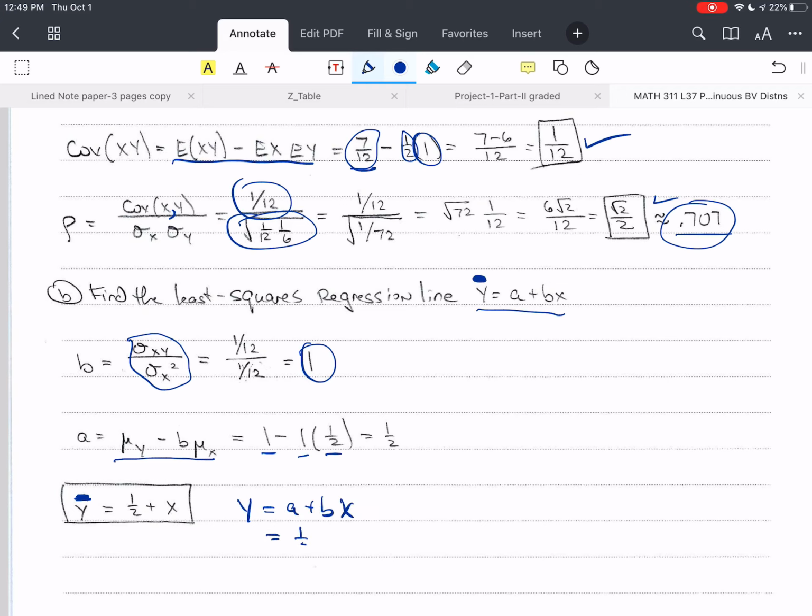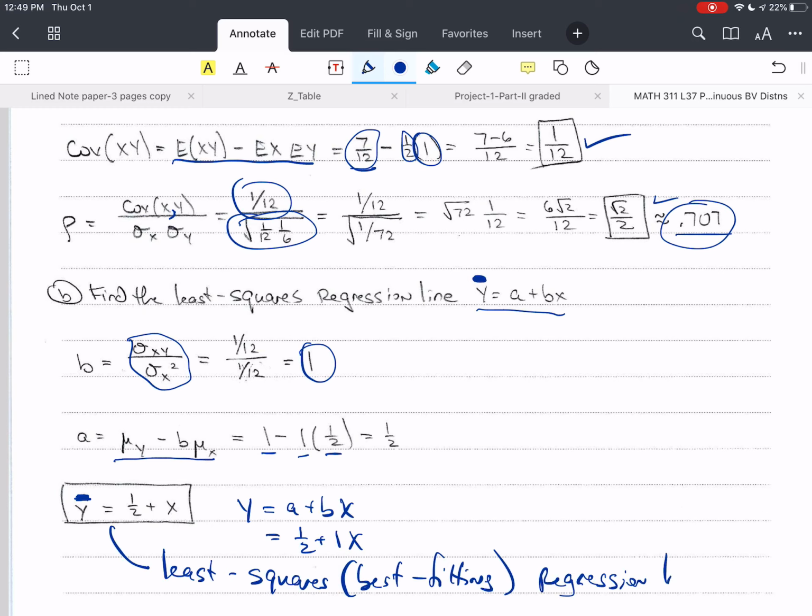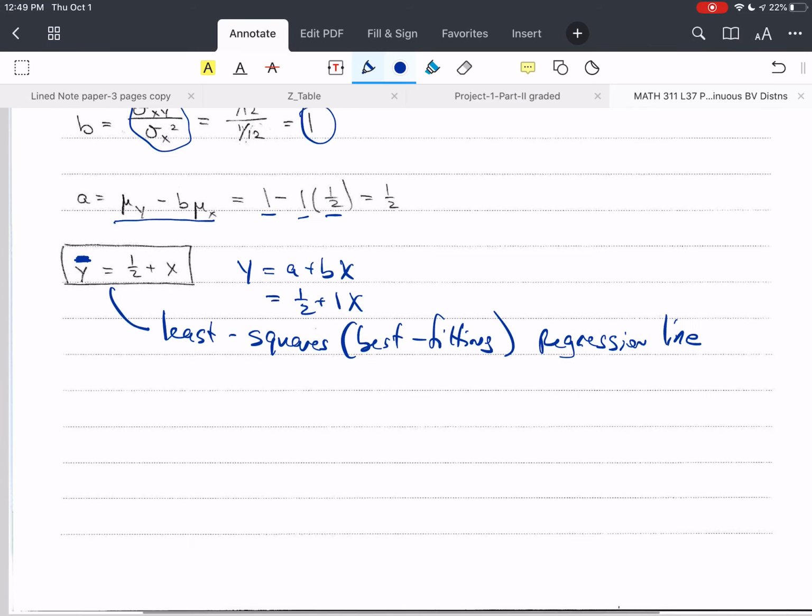A was equal to 1/2, b was equal to 1, so we get y equals 1/2 plus x, and that is our least squares, or best fitting regression line, or equation, regression equation, either one.